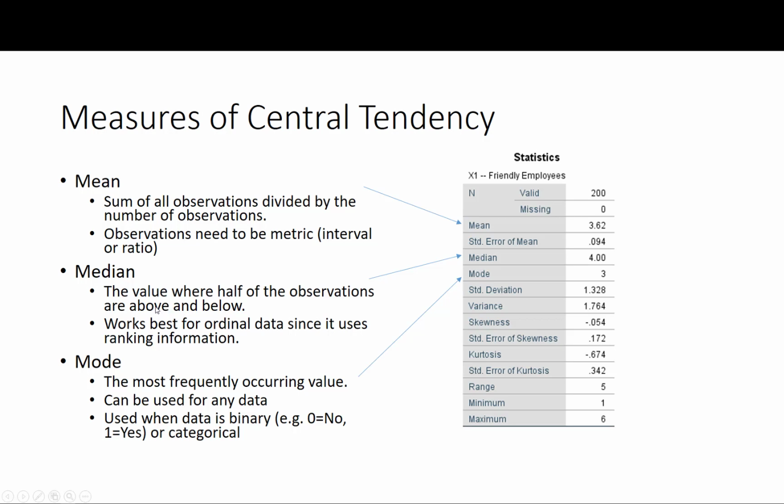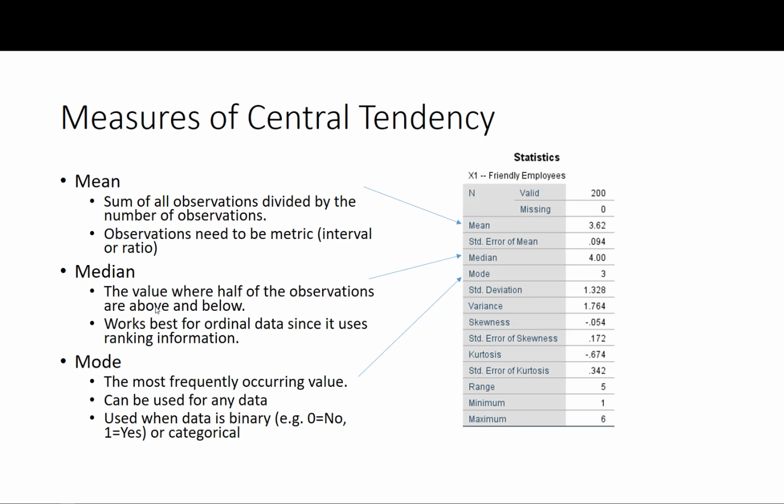A median is where we take the value, basically we range our responses from everyone who said 1 to 2 to 3 to 4 to 5 to 6 to 7. We range it along in one great big long line, and we take the observation that falls smack bang in the middle of that range of responses.